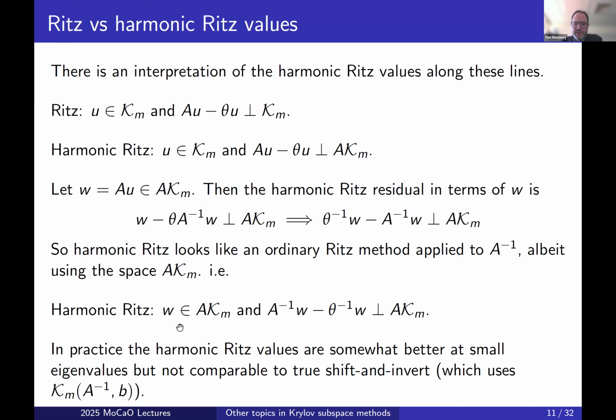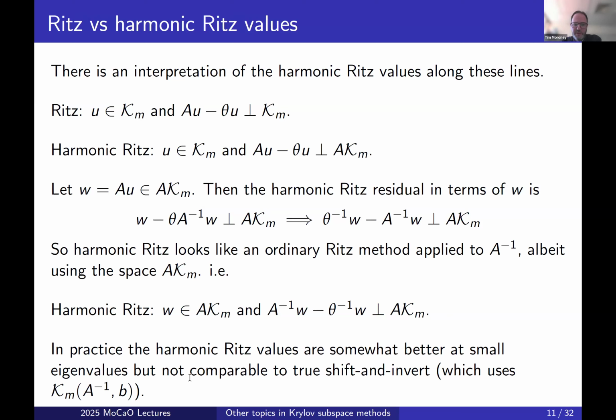So the harmonic Ritz can be imposed in this way. It's not spectacular, let me be upfront about that. This is not a magic way to get spectacularly good estimates for the small eigenvalues without ever needing to apply A inverse. It is a Ritz method for the eigenvalues of A inverse, but it still uses a space built up from A, not from A inverse.